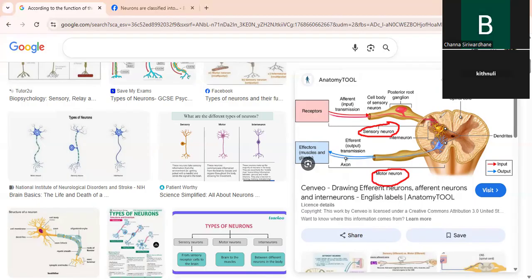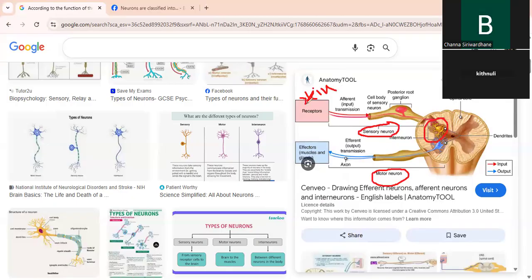The interneuron is here. What is this? This is the spinal cord. Now the receptor is the skin, or eye or ear or something. Like in the previous example, I will say it is the skin.